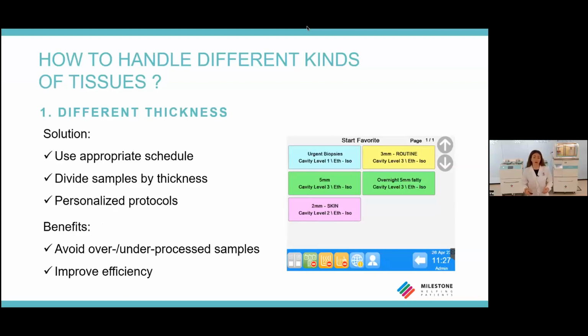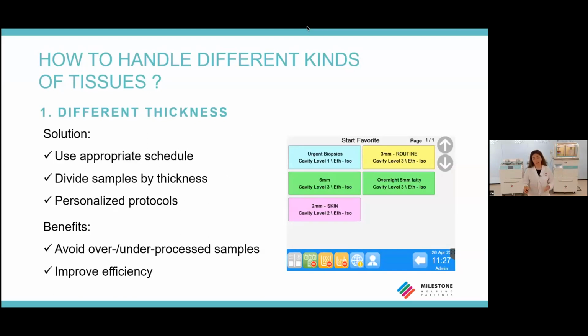So, for example, a biopsy requires a few hours, while a big sample may require 12 hours. What is possible to do in our processor is to have these protocols dedicated to a specific thickness ready in the unit, and also to easily create personalized protocols for a particular kind of tissue that requires different times.